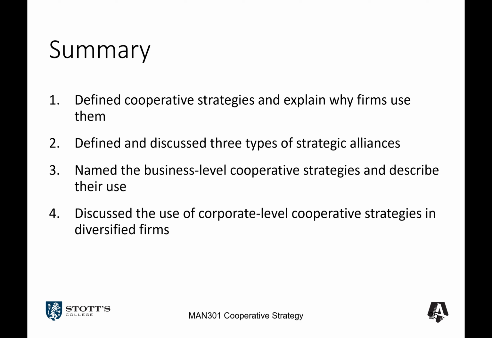Of all the models that we've presented this semester, this is the one with the most grey between the overlapping categories, partly because businesses often have more than one type of alliance, or the nature of the alliance they have changes over time in its scope, in its scale, or its purpose.